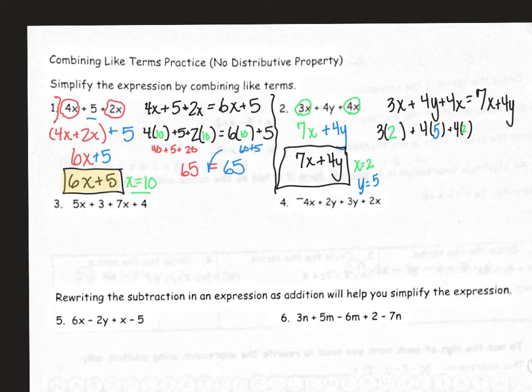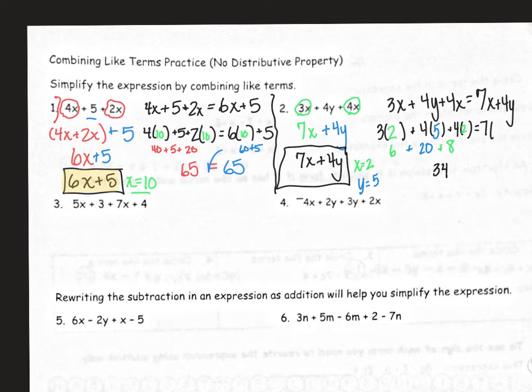So what does that equal? Well, 3 times 2 is 6, plus 4 times 5 is 20, plus 4 times 2 is 8. And so when I add this together, I get 34.